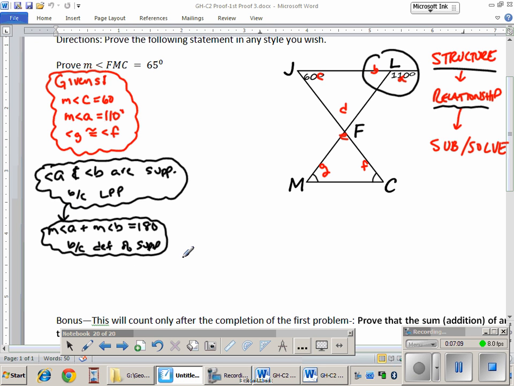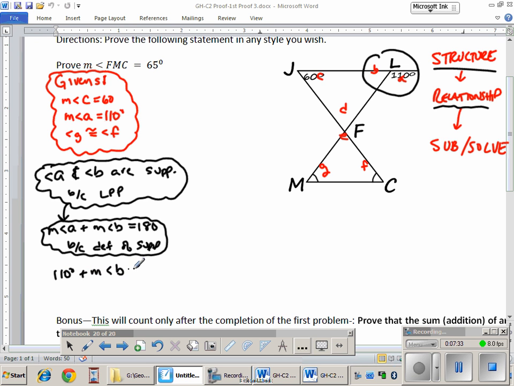Now let's do the substitution and solving part of this. In other words, let's replace these angles with angle values that I know. So I do know angle A is 110 degrees. In fact, that comes from my givens. I'll probably have to draw an arrow there for that. Angle B I don't know, but I'm trying to find angle B. That's the next step in my proof.